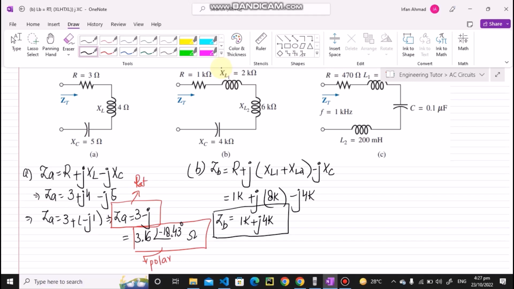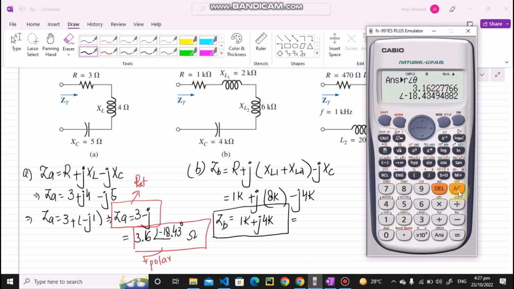Similarly, in order to convert it into the polar form, let me go back and write 1000 plus j4000.